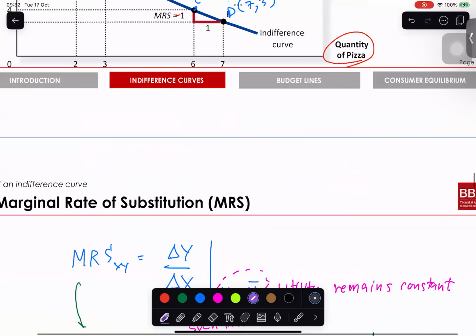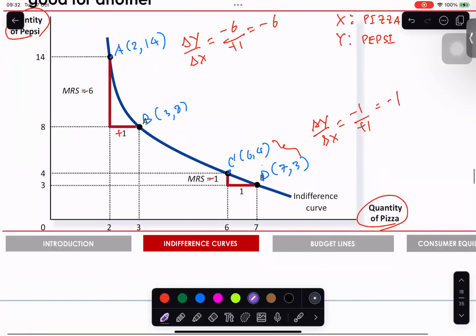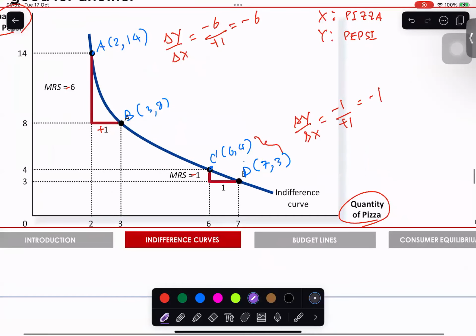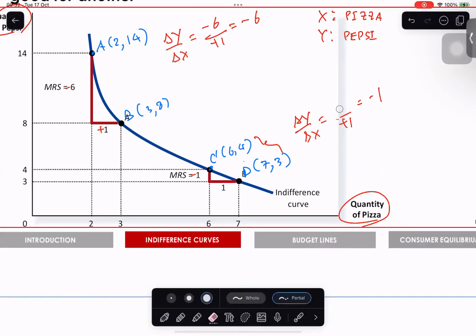Look at this again. Now, let me delete this for a while and give you a different story. We still use this recipe to compute MRS, but we change the story a little bit.